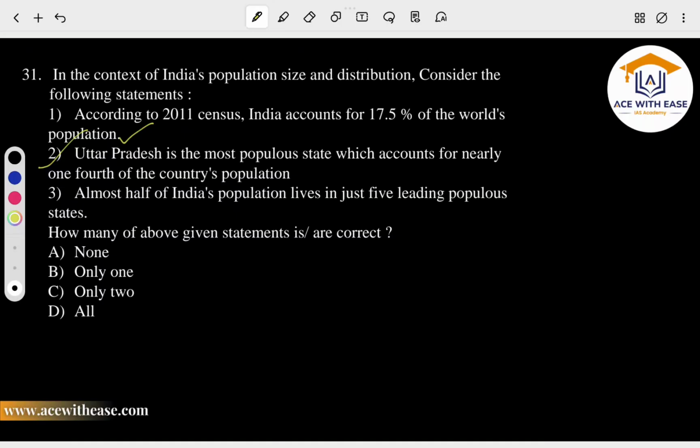Yes, we have UP, Bihar, Maharashtra, Madhya Pradesh, West Bengal. These are the 5 populous states where half of the population is present. All the statements here are correct. Option D is the correct answer.